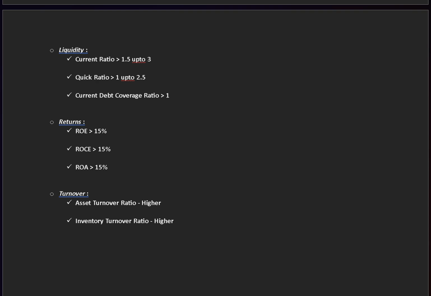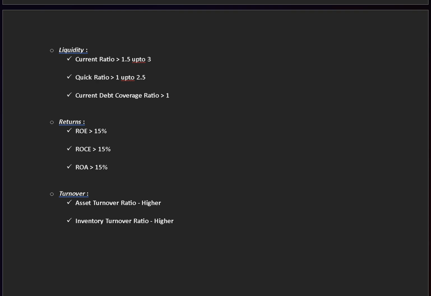Liquidity ratios. Liquidity ratios are very important because they tell us how much liquidity, in terms of cash, the company has.